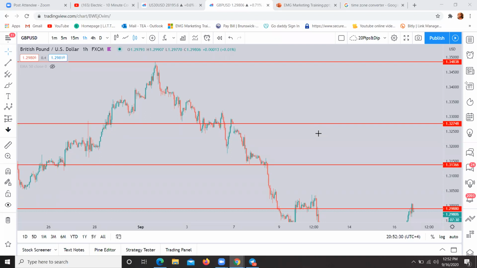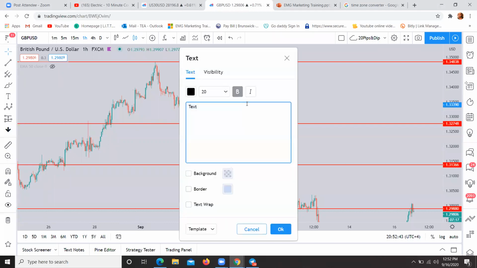Can you give the difference between the types of traders? Scalper, day trader, swing trader, yes. I will post the difference inside Telegram when we're done. Scalpers are short-term traders. They're in trades for less than a couple hours, sometimes minutes.